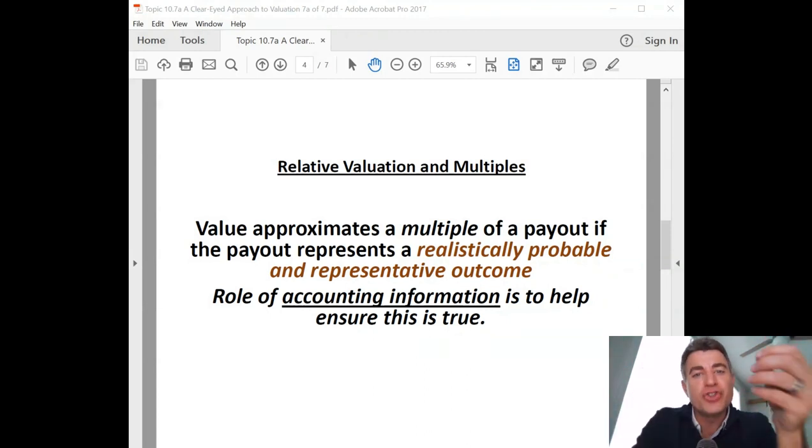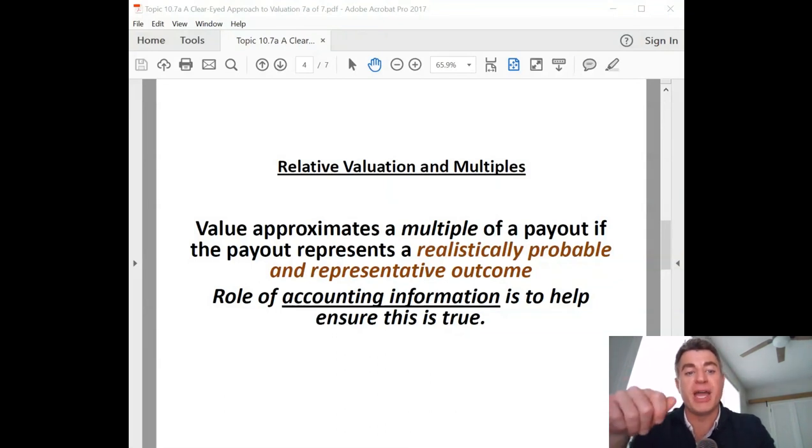So in this case, the general assumption when we're using relative valuation is that the value of a company, an arrangement, a security, whatever it is, approximates a multiple of a payout if the payout represents a realistically probable and representative outcome. I actually want to emphasize that we don't need accounting to just come up with an answer. Something times 20. Sure, I'm done.